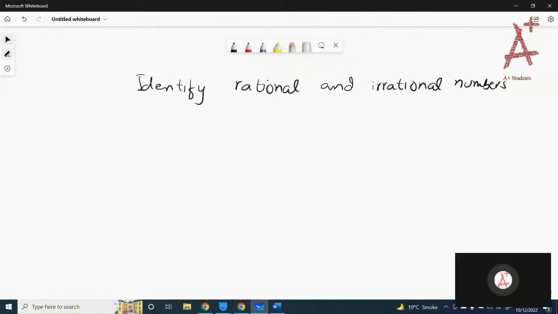So first I'm going to write the definitions of the rational and irrational numbers. Please note down the definitions. They are very important. Okay, so let's start with the rational number.